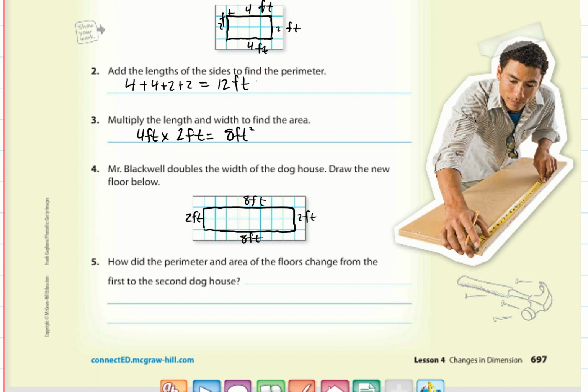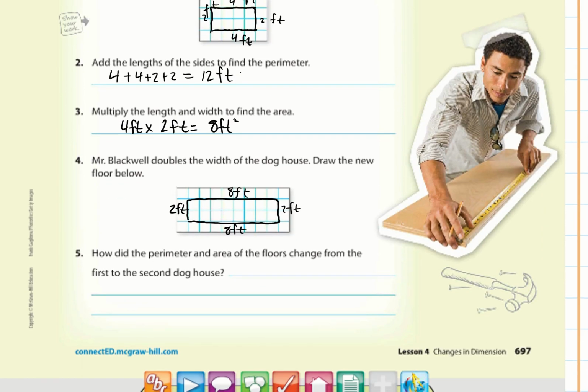How did the perimeter and area of the floors change from the first to the second? Well, we have to find the perimeter again, so we're going to do 8 plus 8 plus 2 plus 2, and that's going to equal 16 plus 4 is 20 feet. So the perimeter is 20 feet. And the area is 8 feet times 2 feet equals 16 feet squared.